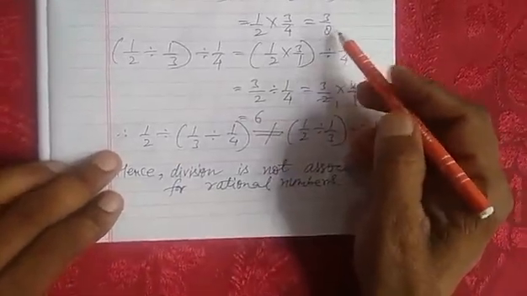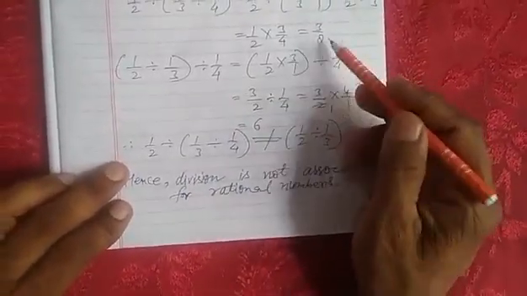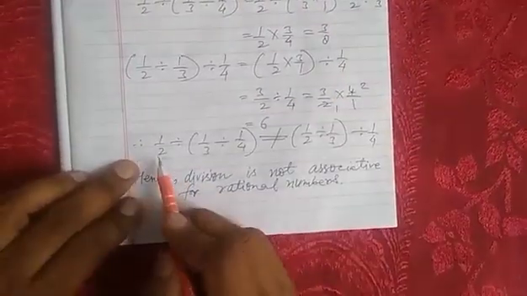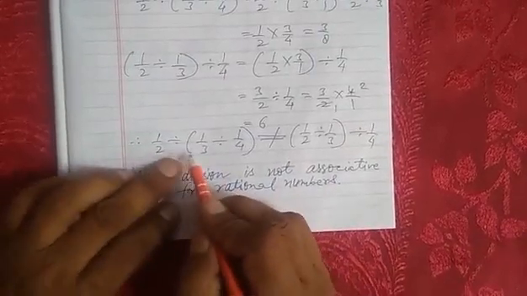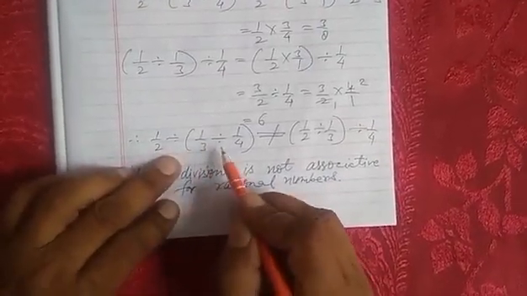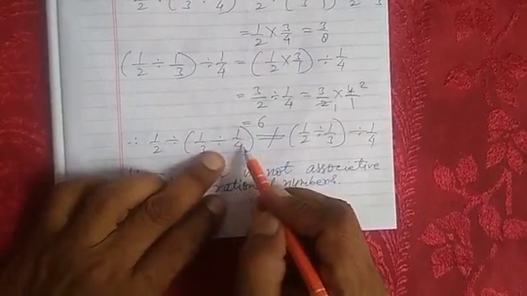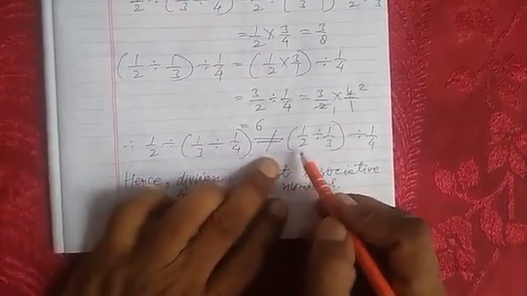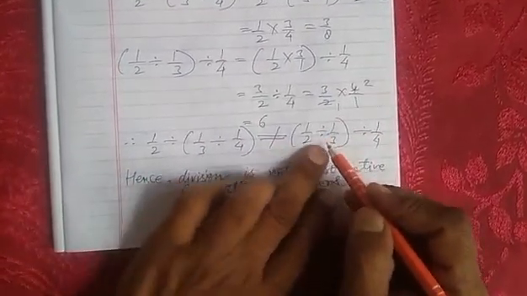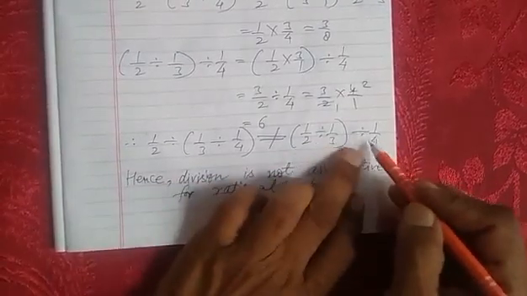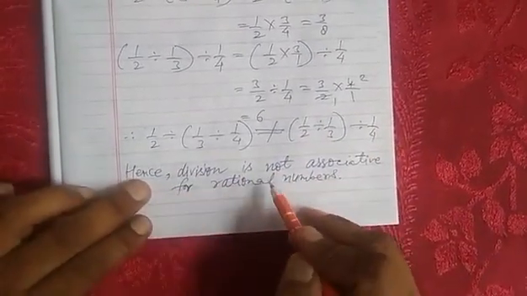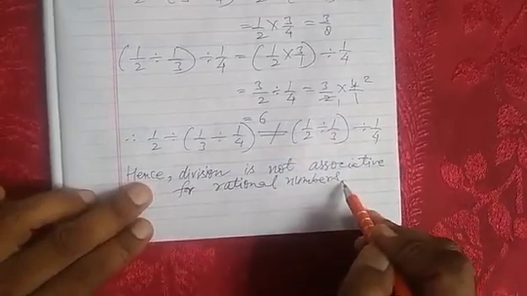Here the result is not the same. Therefore, 1 by 2 divided by (1 upon 3 divided by 1 upon 4) is not equal to (1 upon 2 divided by 1 upon 3) divided by 1 upon 4. Hence, division is not associative for rational numbers.